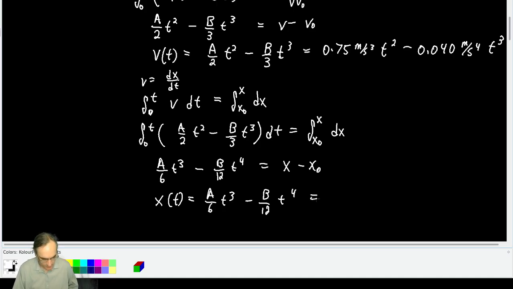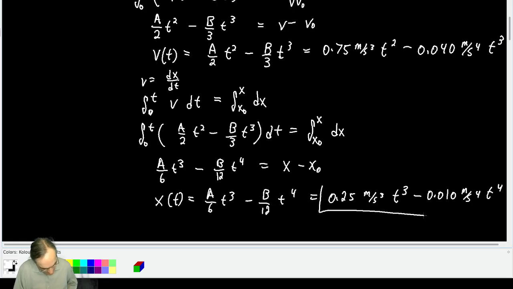So that will be equal to 1.5 divided by 6, so 0.25 meters per second cubed t cubed minus, and the next part's relatively easy, 0.010 meter per second to the fourth t to the fourth. And those give us the answers to part A.